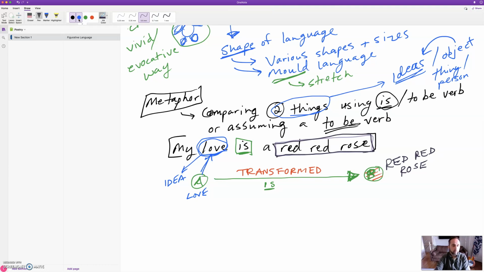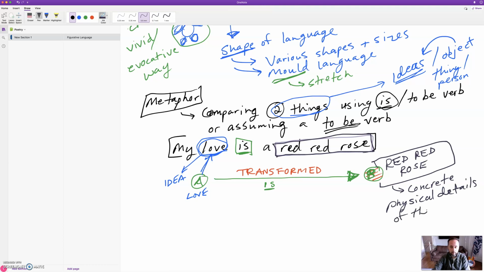What you need to do is think about the thing that it becomes, okay? And you want to first concentrate on the concrete physical details of the object.